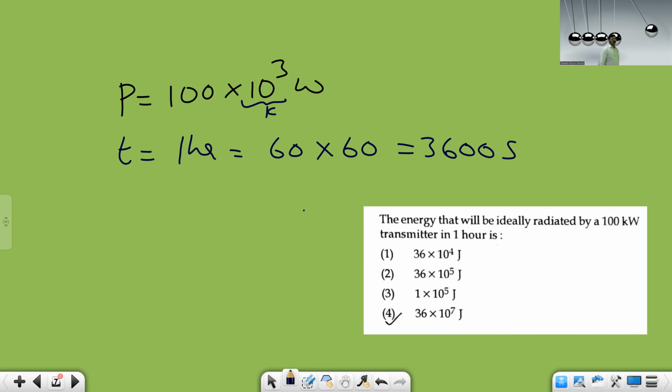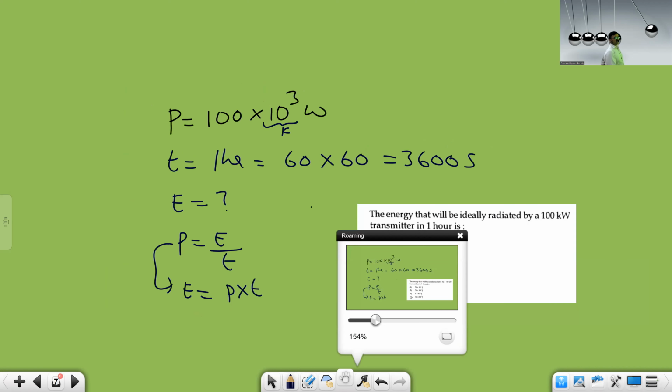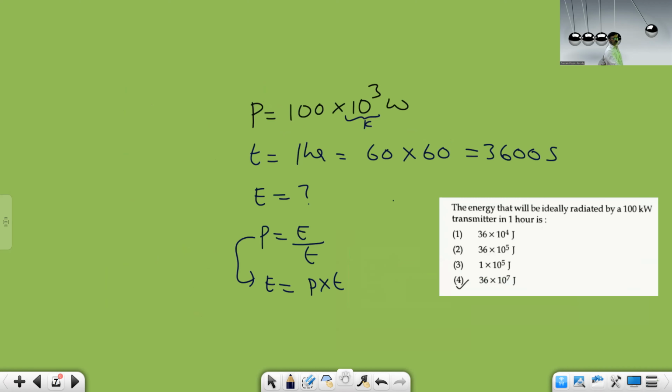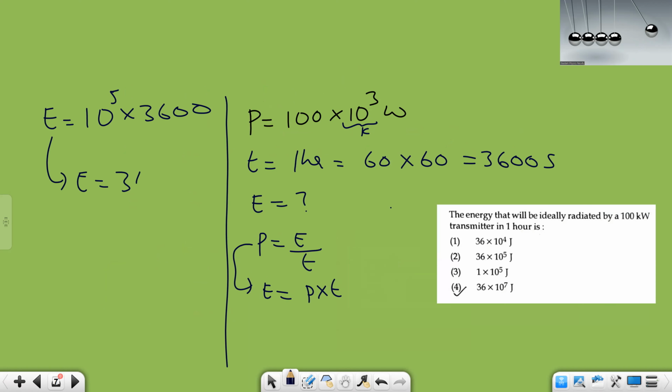They are asking us to find the energy. Power is the rate of energy, so energy is power into time. So just multiply: 100 into 10 cube is 10 power 5, into 3600. E is equal to 36 into 10 power 7 joules.